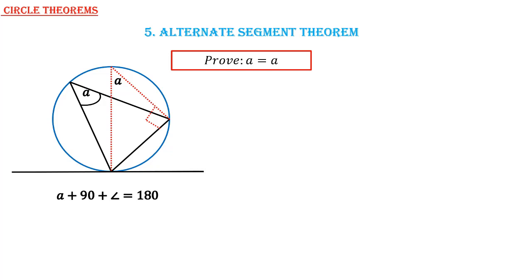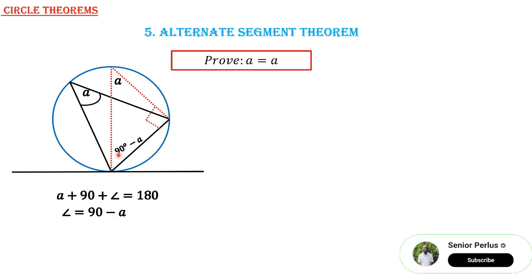So this A plus this 90 plus the angle here is equal to 180 degrees. Therefore, we want to find the angle here. Then the angle here will be 90 minus A. Are you okay? Let's move on.